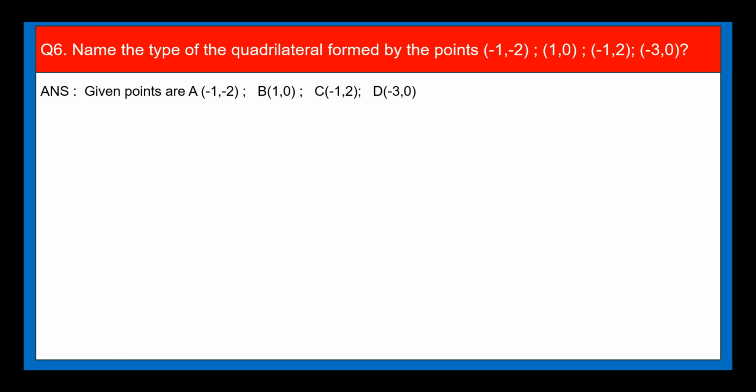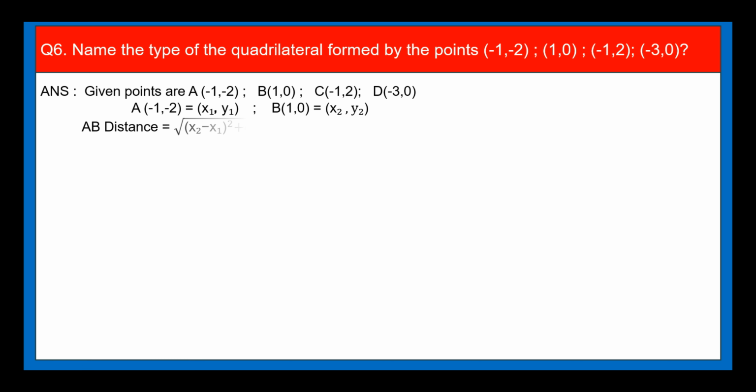Let us assume that the given points are A, B, C and D. The coordinates of A are (-1, -2), of B (1, 0), of C (-1, 2) and of D (-3, 0). Now let us find the length of the sides, that is, the length of AB. Assume the coordinates of A as (x1, y1) and of B as (x2, y2).